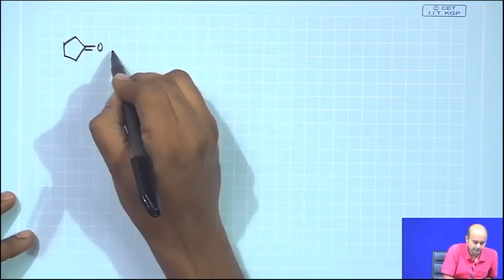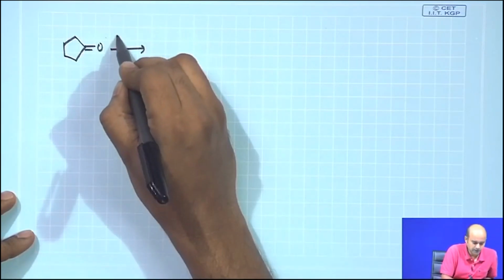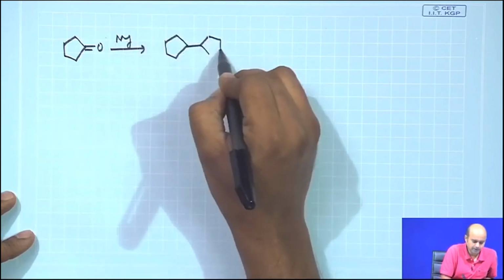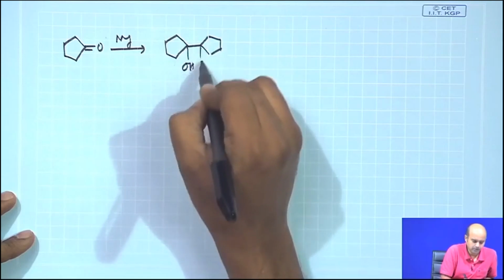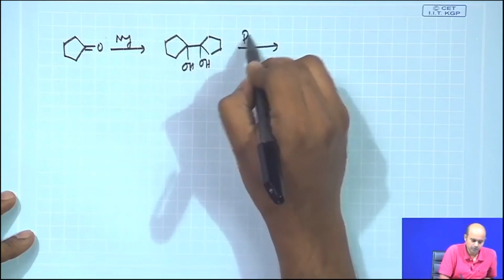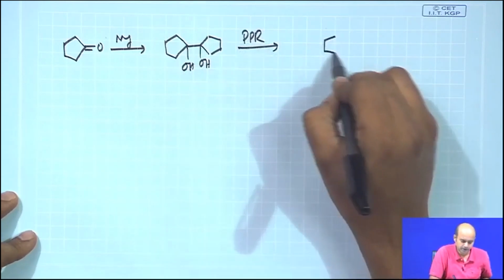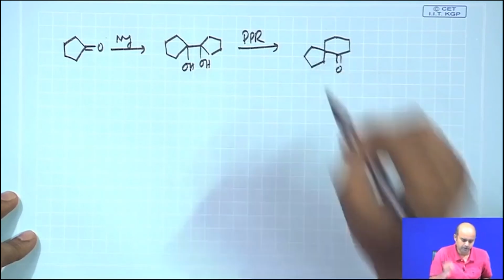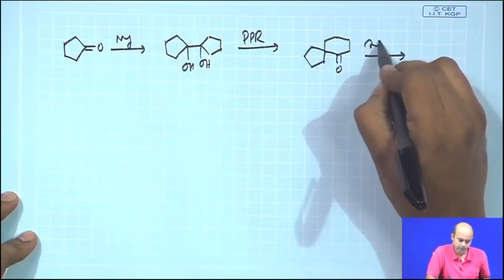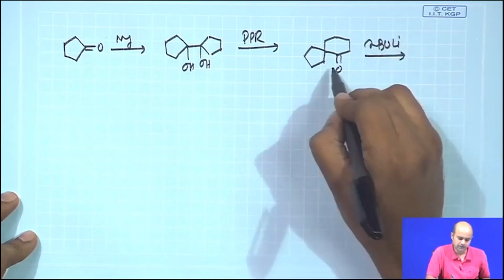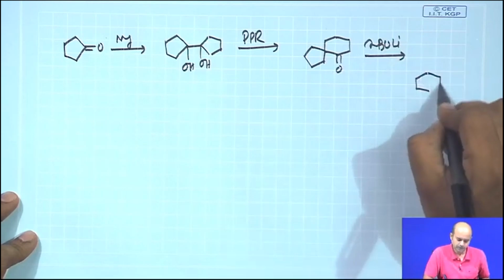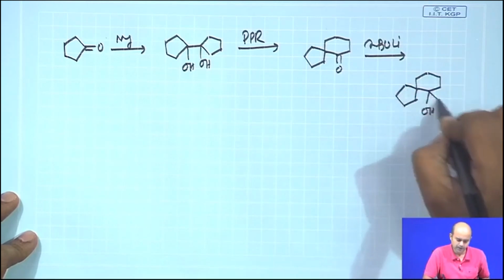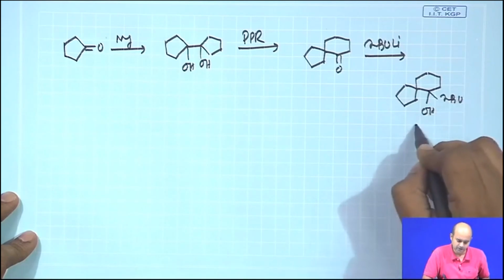Starting material is this, you do the initial magnesium mediated coupling, this is very simple. Then we do a pinacol rearrangement, and that will give you the spirocycle. Okay. Then you do an N-butyl lithium reaction here, that gives you the N-butyl nucleophilic addition.